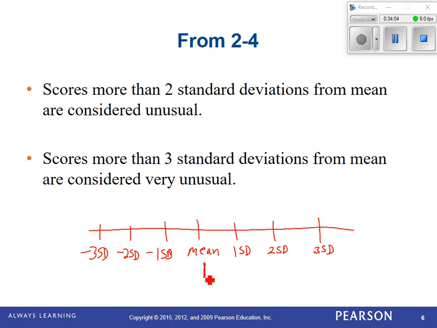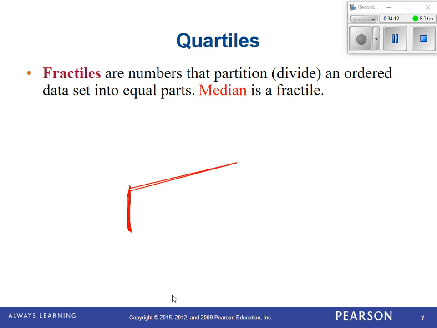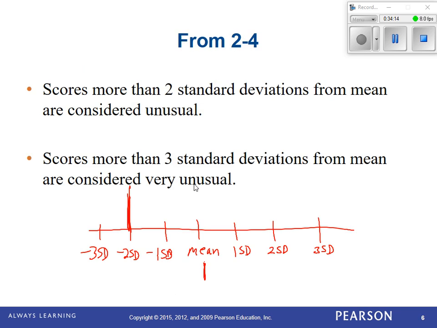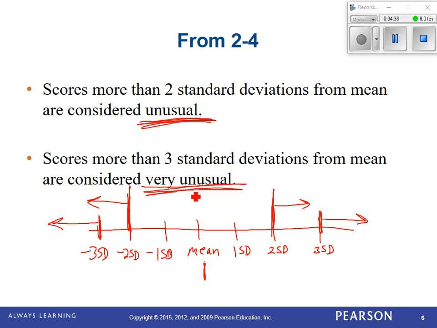Anything that falls more than 2 standard deviations from the mean, so anything that falls from here out or here out is considered unusual. Anything that falls from here out or from here out is considered very unusual.